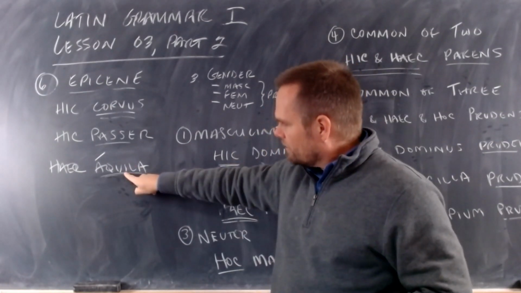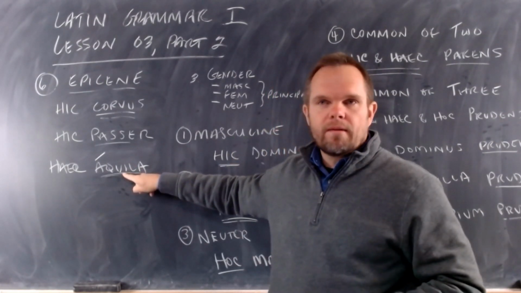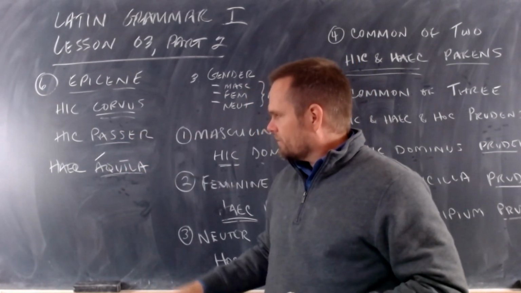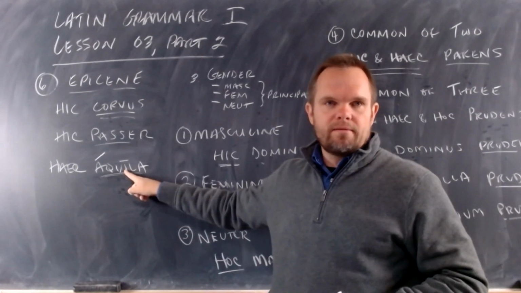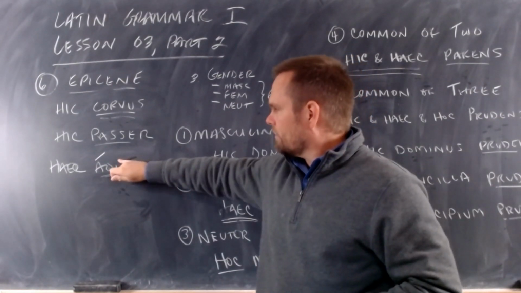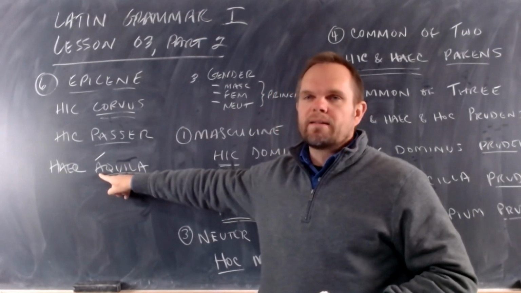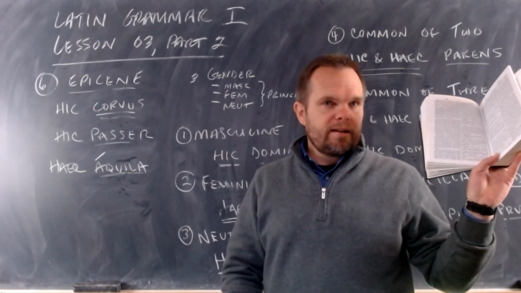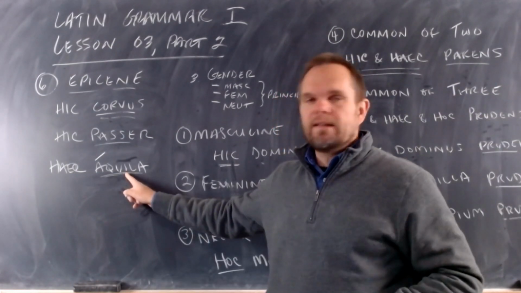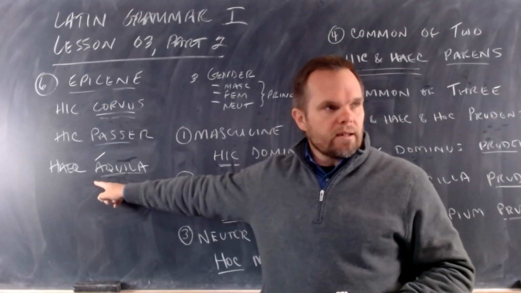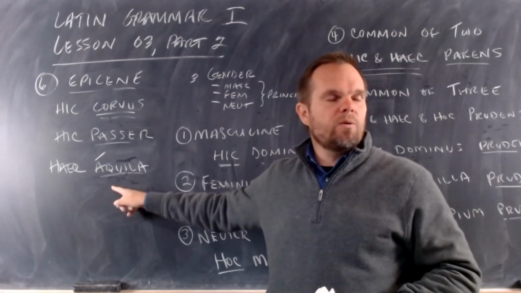If this syllable is long, then this would be accented, right? But if it's short, then this will be accented. So when I looked it up in the dictionary, what I see is that this is not long. And that's why I know that it's aquila and not aquila.